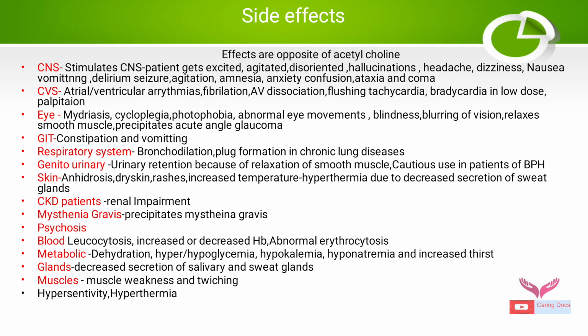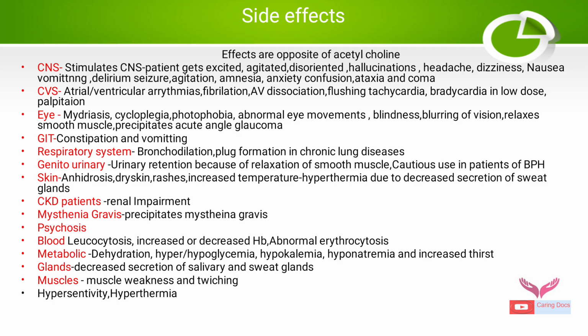We should not use it in CKD patients as it aggravates renal impairment. It precipitates myasthenia gravis crisis also, and at times it can cause psychosis. In blood, it causes leukocytosis. There may be increased or decreased hemoglobin and abnormal erythrocytosis.